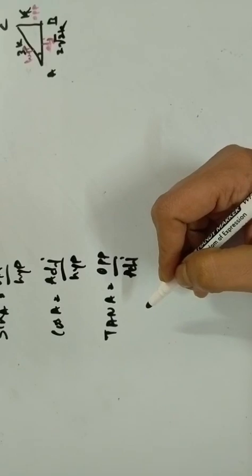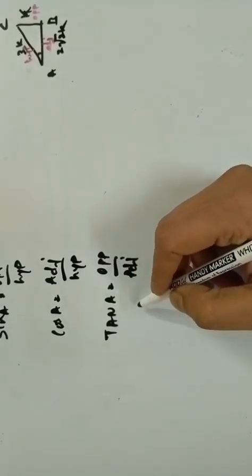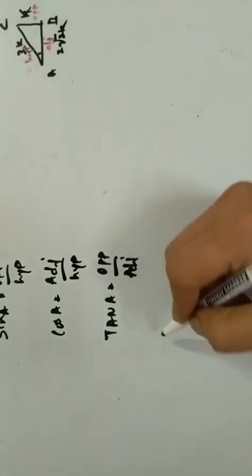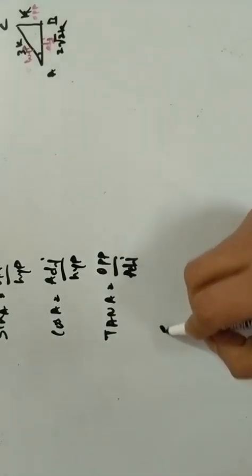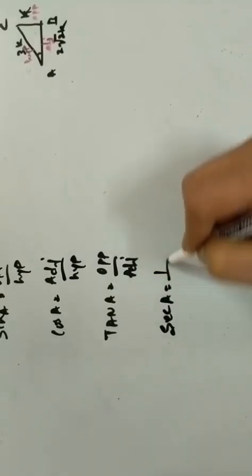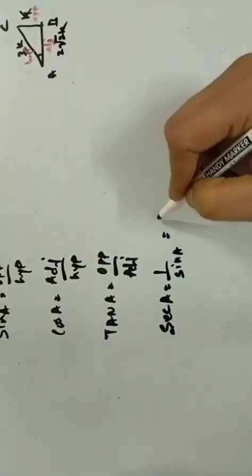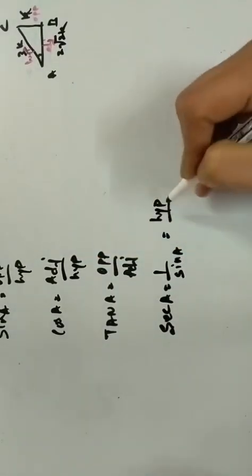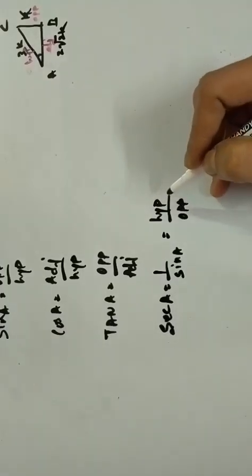Okay, and secant A is equal to 1 by cos A, that is hypotenuse by adjacent. Cosecant A is equal to 1 by sin A, so that is equal to hypotenuse by opposite.